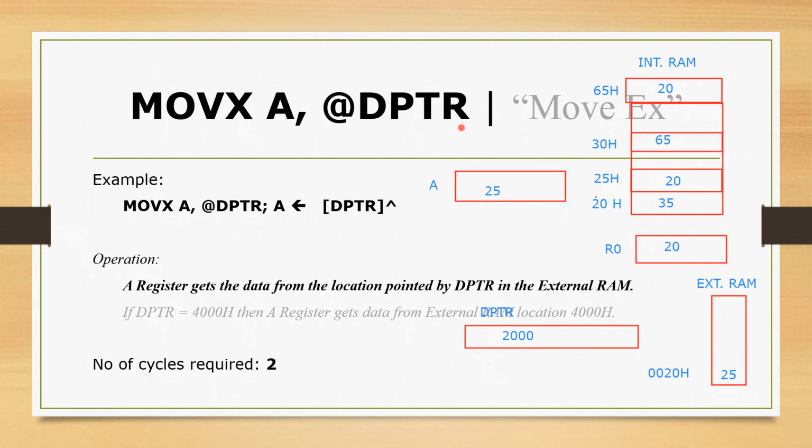While using R0 and R1, we can specify only an 8-bit address, so only the locations 0000 to 00FF can be accessed by using these registers. But while using DPTR, we can access all the 64 KB of the external RAM. We can directly give the address to the DPTR.